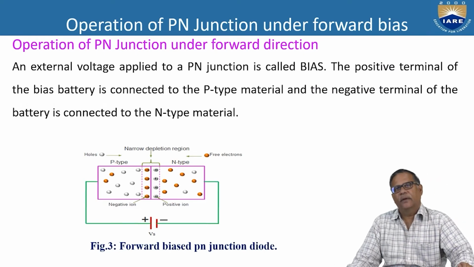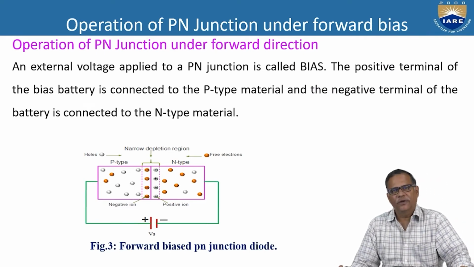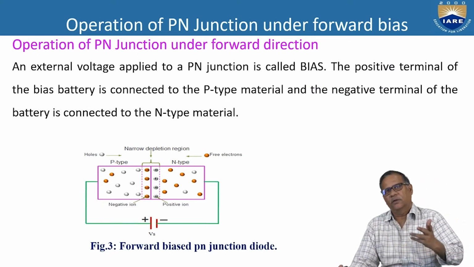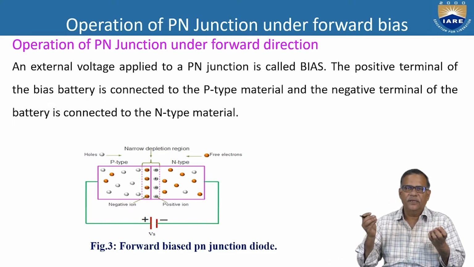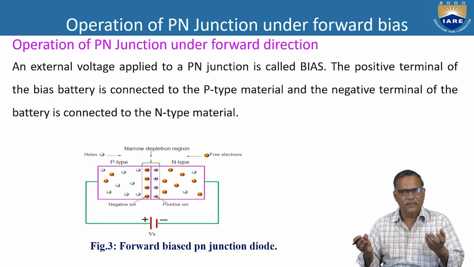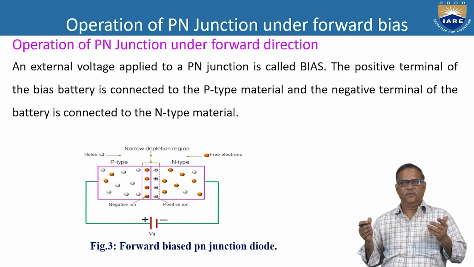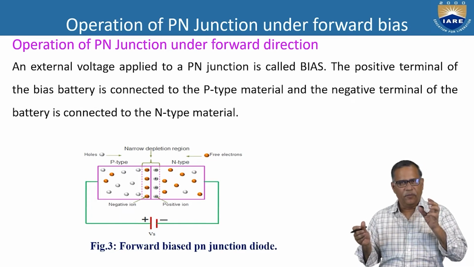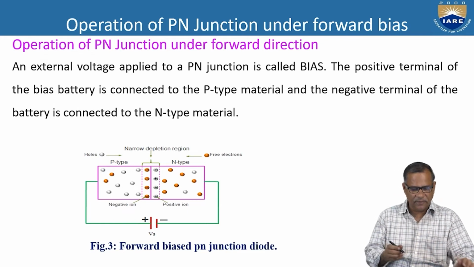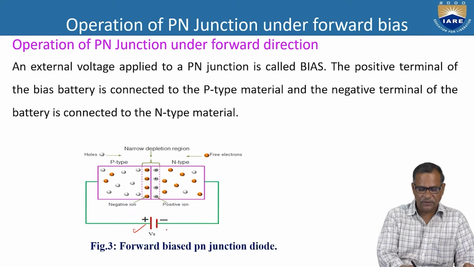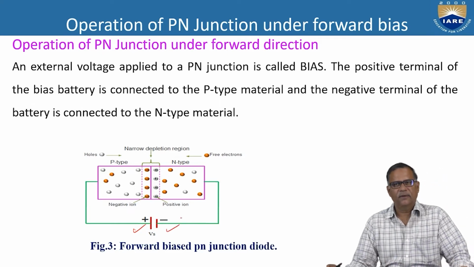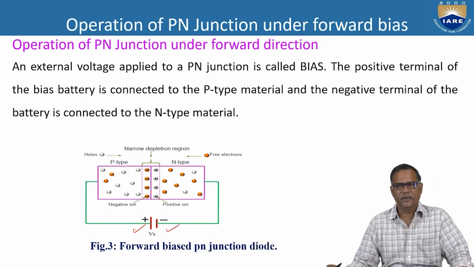Now let us see what happens if you apply some voltage to the diode. If you apply positive voltage to the P side and negative voltage to the N side, it is called forward biasing. So what is forward biasing? Applying positive voltage to the P side and negative voltage to the N side is called forward biasing. This figure shows the forward biased PN junction diode.